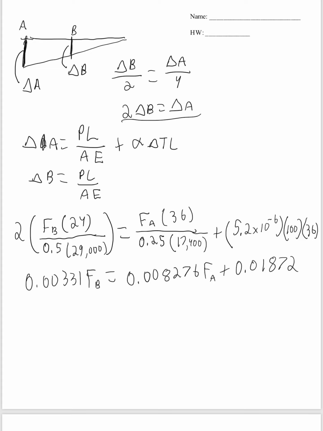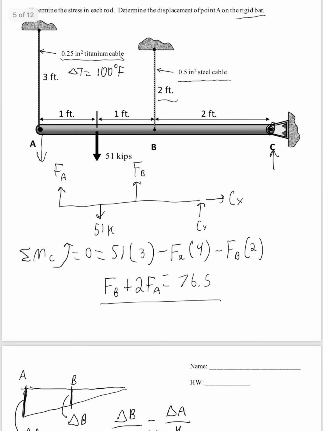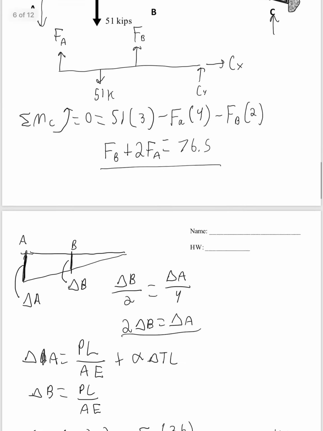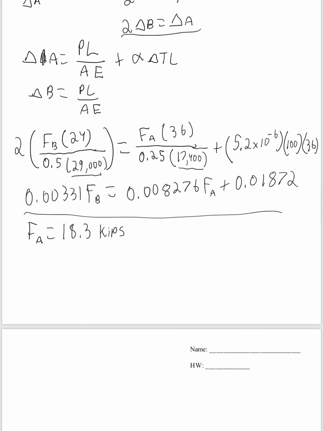So now we have a system of equations. That's one equation, and this is our second equation. Solving for those, we get that force A will be 18.3 kips. I know it's going to be in kips because I used KSI for my modulus up here. And force B will be 40 kips.